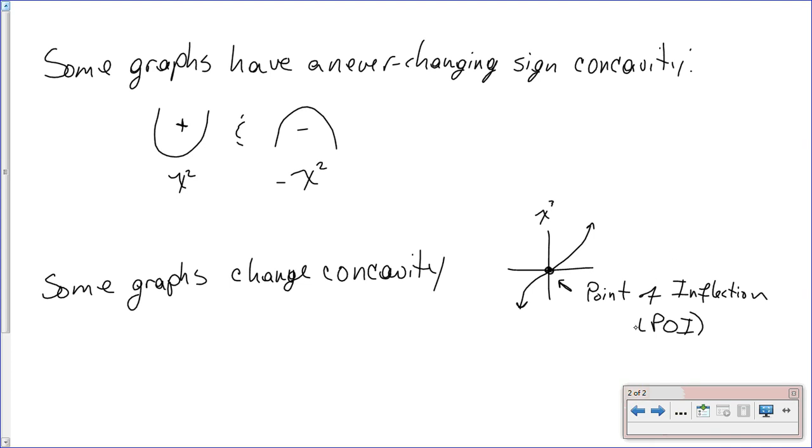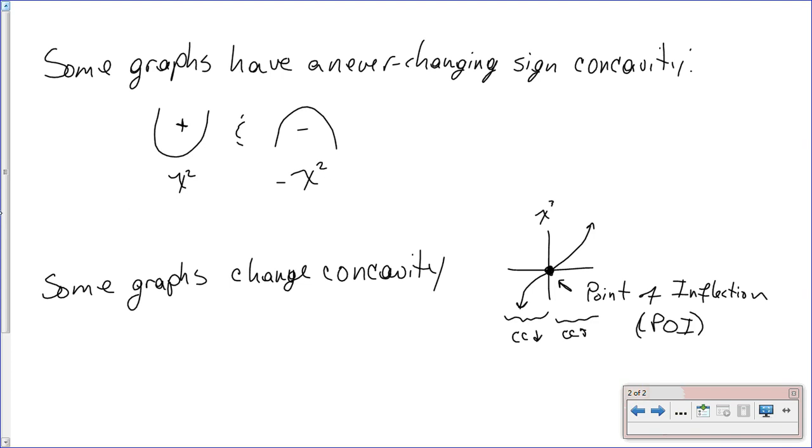That is a point of inflection where it changes from concave down to concave up or vice versa. On this interval it's concave down, and then on this interval it's concave up. So the changing point in between is your point of inflection.